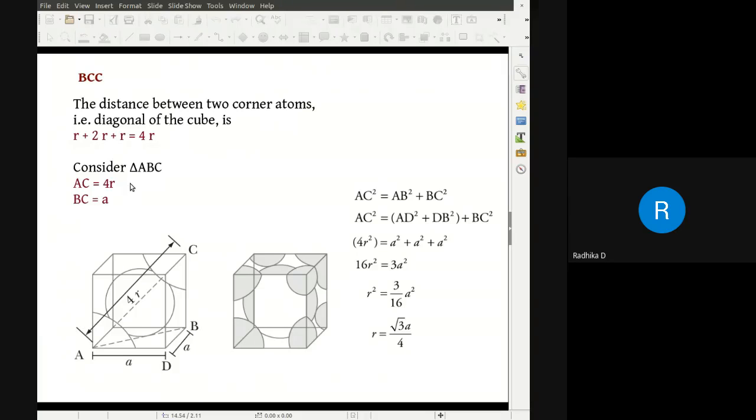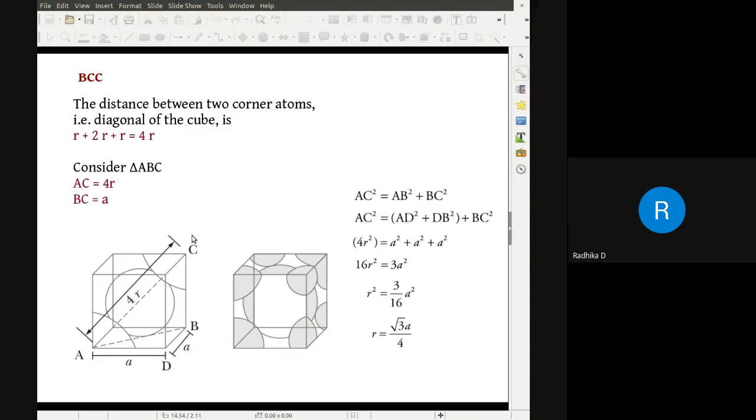And then what am I doing? That 4R is not sufficient for me. I am going to consider a triangle. So I have point A, I have point C, I put a point B here at the bottom, and another point D also. So I have got AC as 4R.